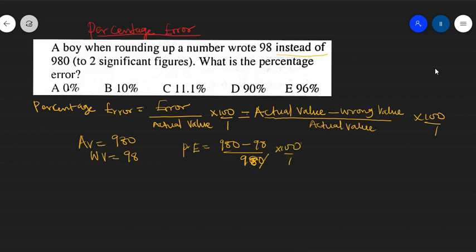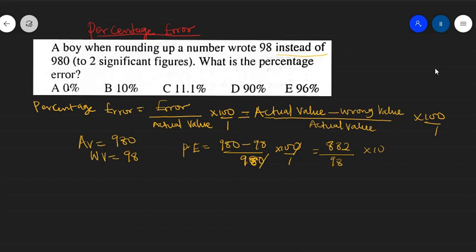So we can remove this. Eventually I'm going to have 980 minus 98, which gives me 882 over 98 times 10.